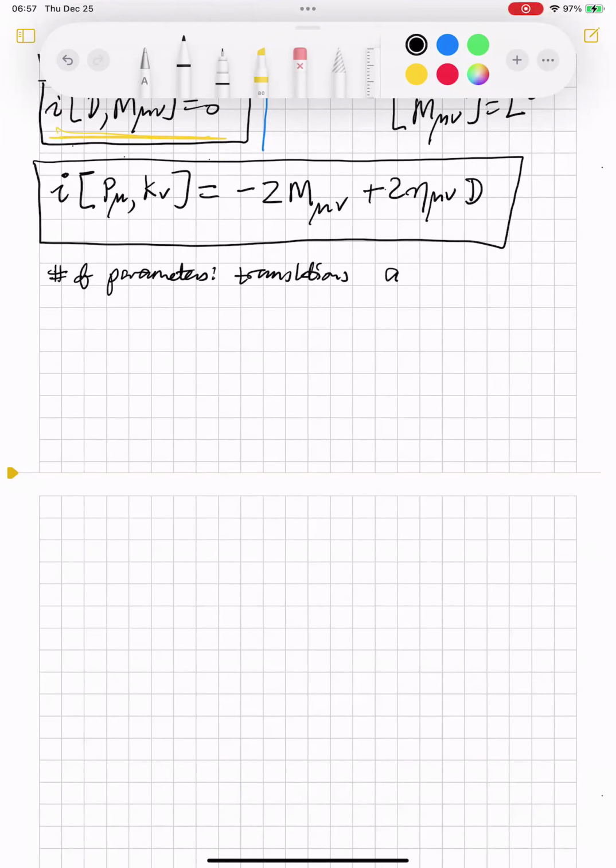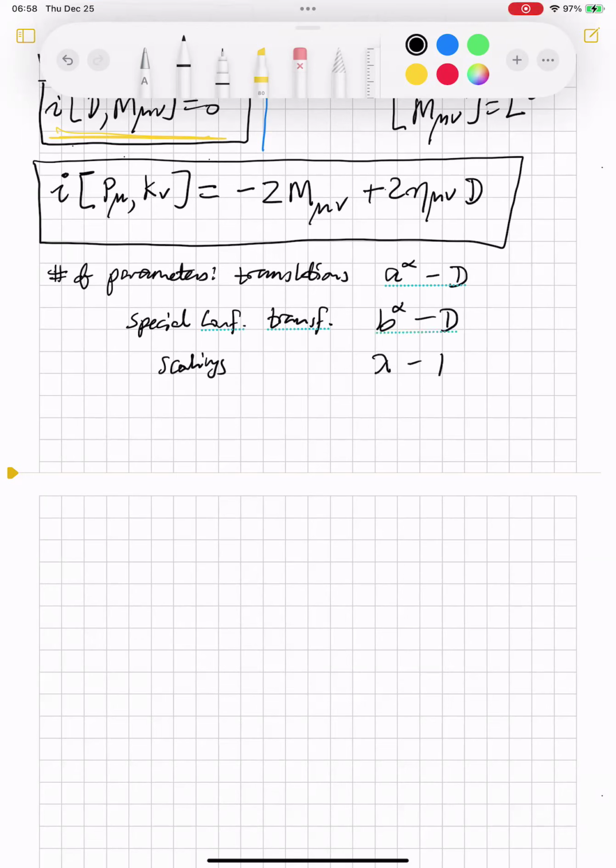The parameter was a alpha, and there are d of these. Then we also have special conformal transformations. The parameter is b alpha, there are d of those. We've got scalings. The parameter is lambda, there's one of those.